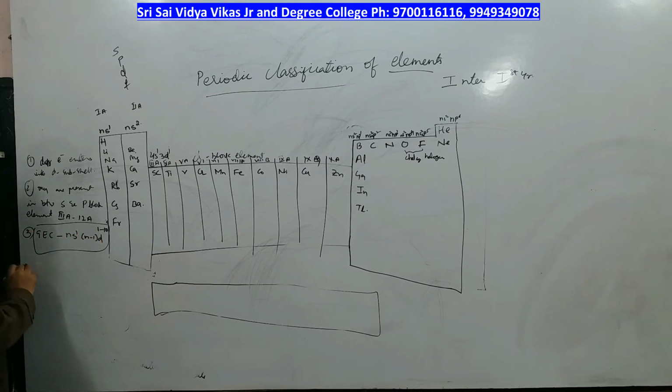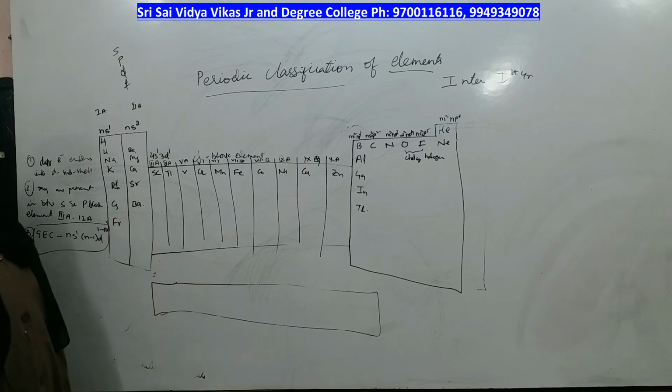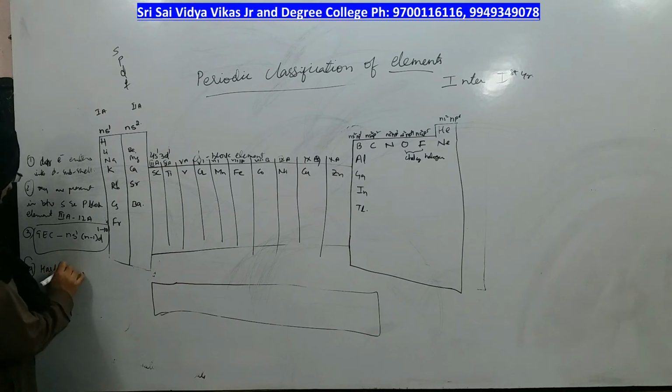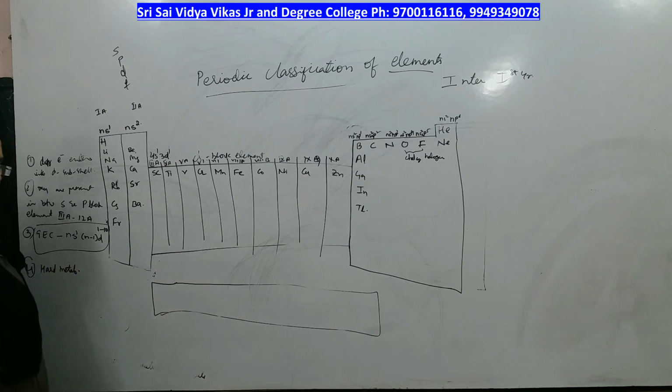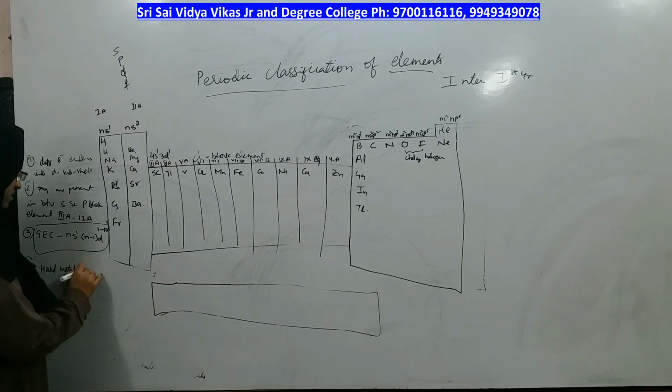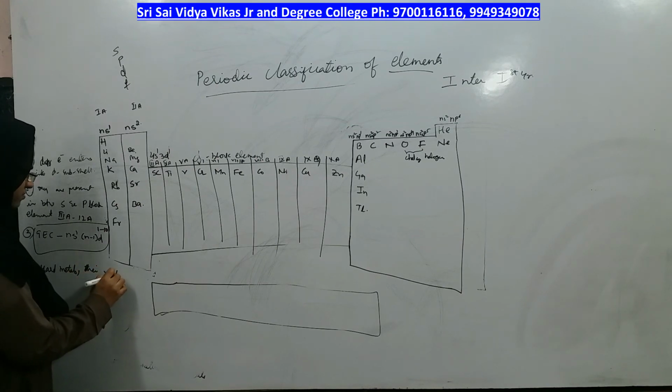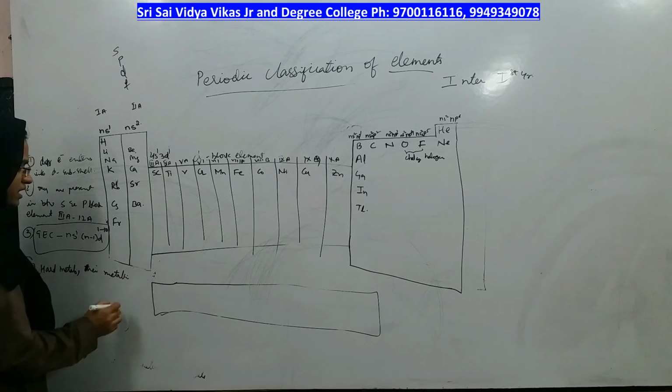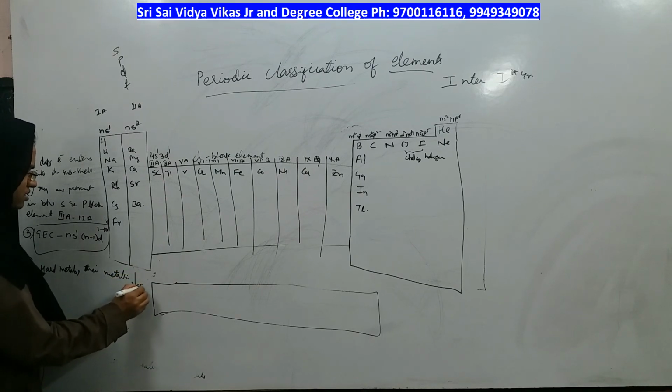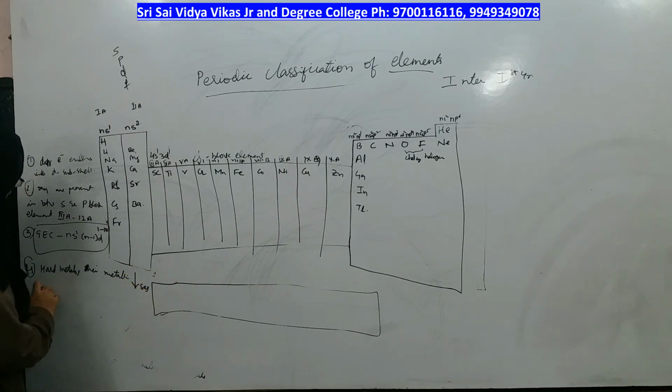What is the speciality of D block elements? Hard metals are present, and their metallic nature decreases from top to bottom.